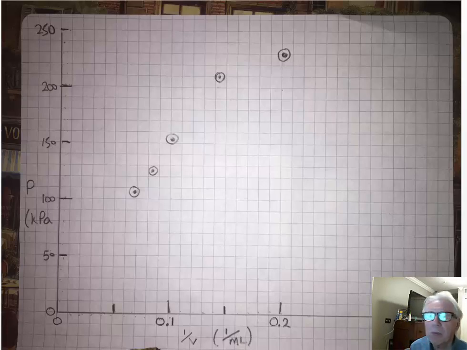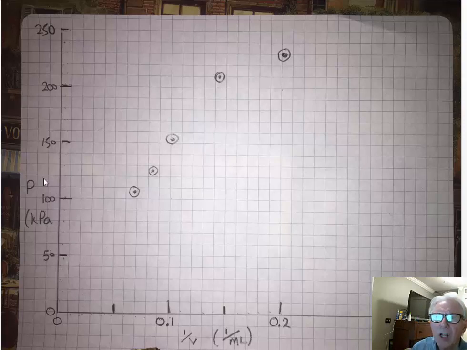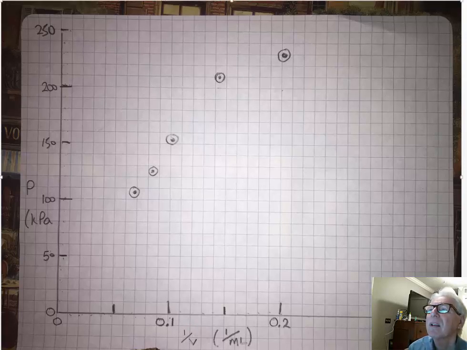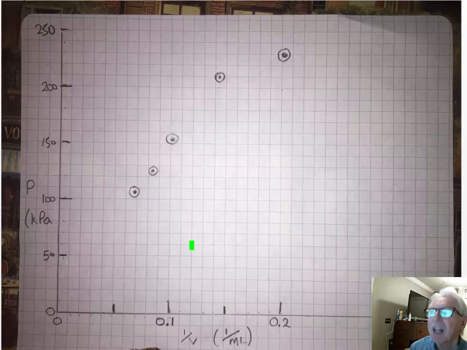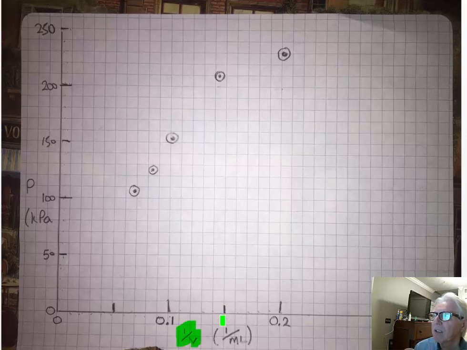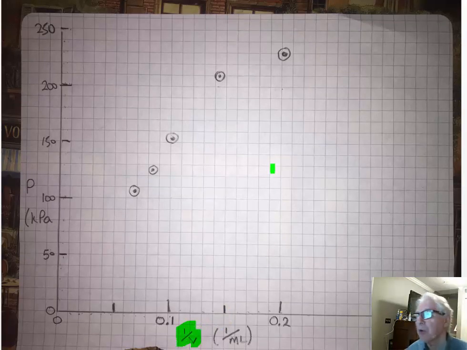So hopefully your graph can be compared with my graph, and let's have a look at what I did. First of all, I looked at the value which gave me my biggest value for 1 over V. Let's get a pen on this. My biggest value for 1 over V, and that was the smallest volume, which gives you the biggest 1 over V, was 5 milliliters.